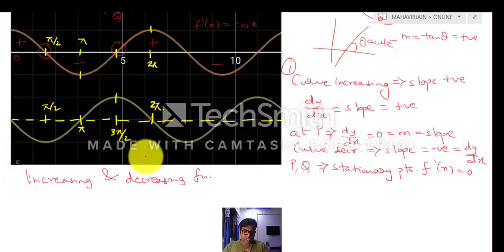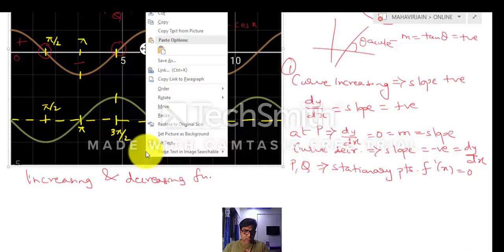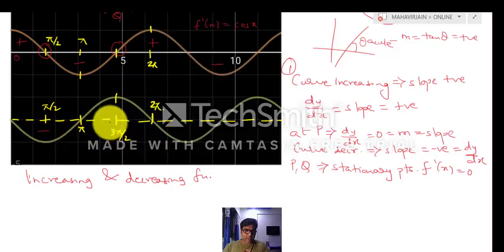Then comes the derivative positive. Here, derivative positive, again derivative negative and derivative positive. So this is nothing but the derivative of this brown curve. Done. So I would obviously say that this is nothing but f double dash of x.